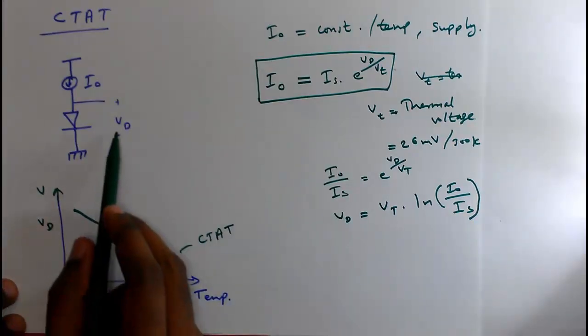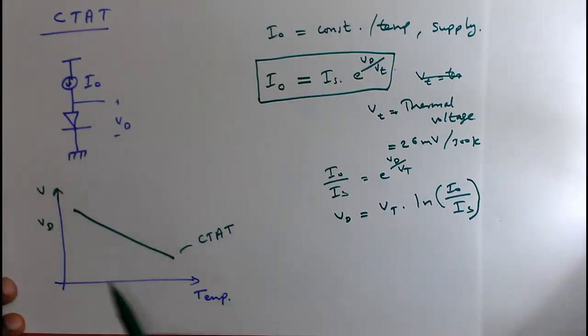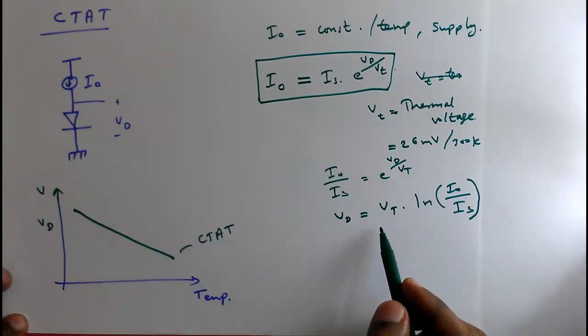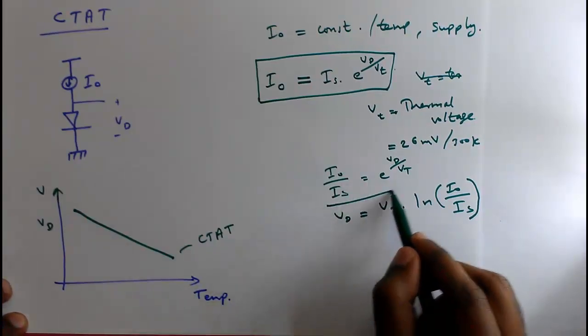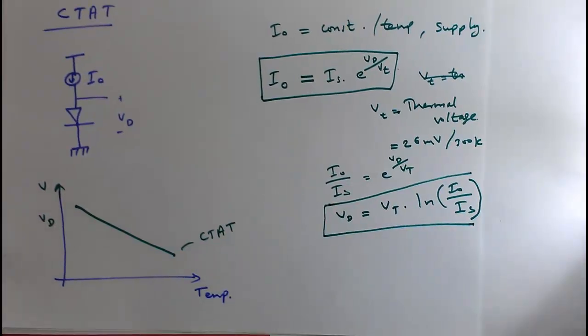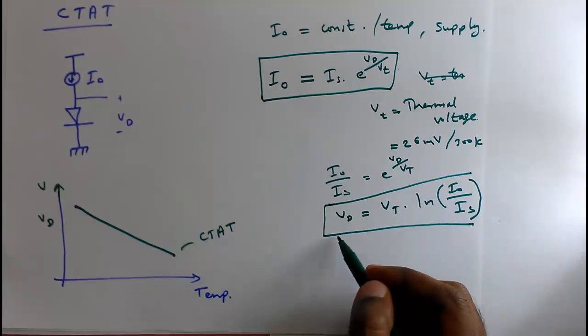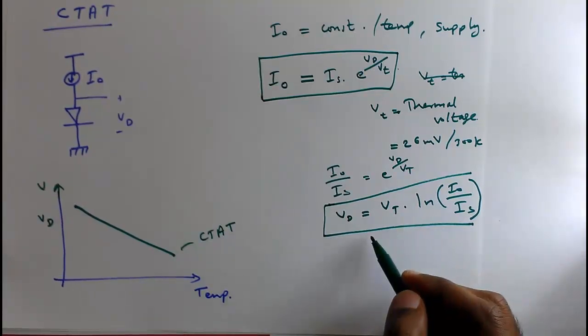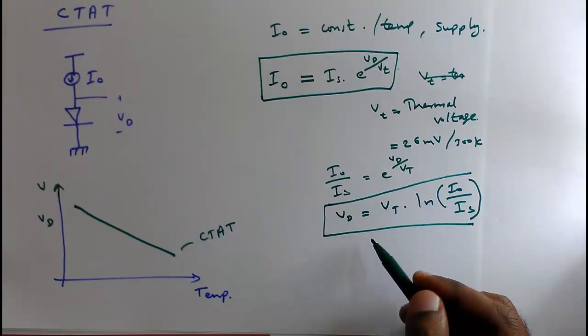So this is the Vd that we are seeing across this diode. Let's mark this, it is also important. The dependence of this voltage with respect to temperature is CTAT in nature.